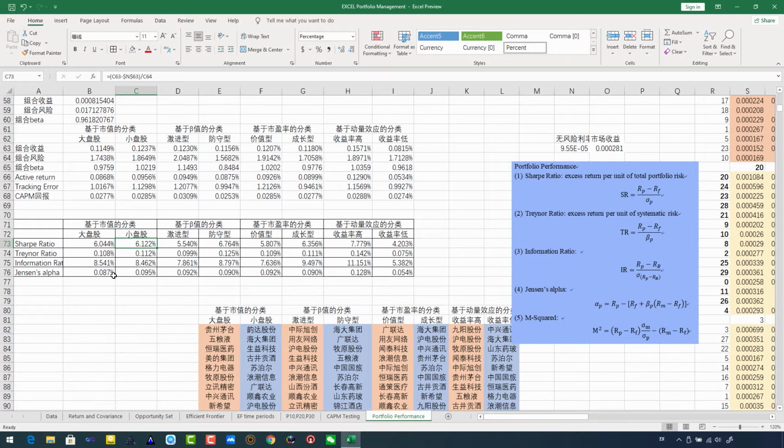And finally, for Jensen's alpha, the small cap result is consistent with the literature: the small cap works better than the big cap. And for the beta categories, we find that generally the passive stock works better than aggressive stock.